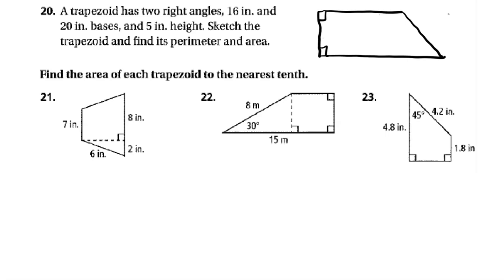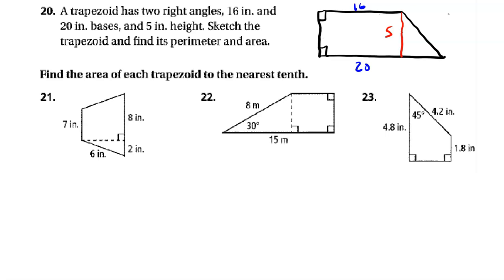I think that's the only way you can have 2 right angles. 16 inches and 20-inch bases, so I have a 16 and a 20. 5 inches of height, so we have a height in here of 5. Sketch the trapezoid and find its perimeter and its area.